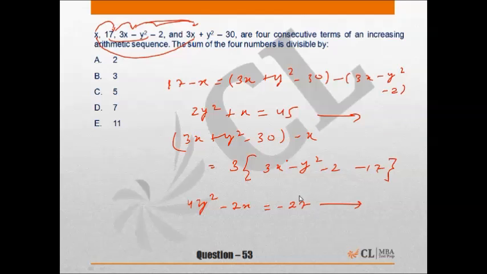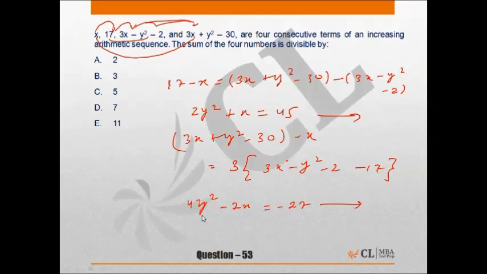If we have a look at the two equations that we have got using the property of arithmetic progression, we can say that we can easily find the value of x and y square. However, we don't have to find the value of y square, as the quantity that we have to compute, which is the sum of four numbers, will not contain y. So we just need to compute the value of x.